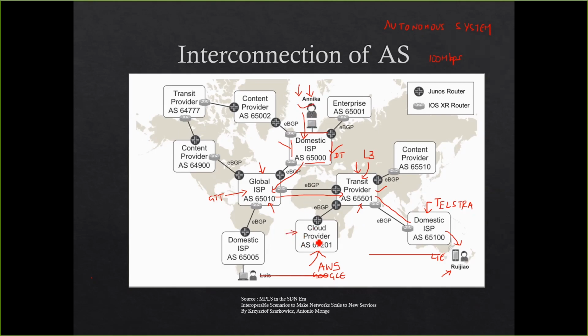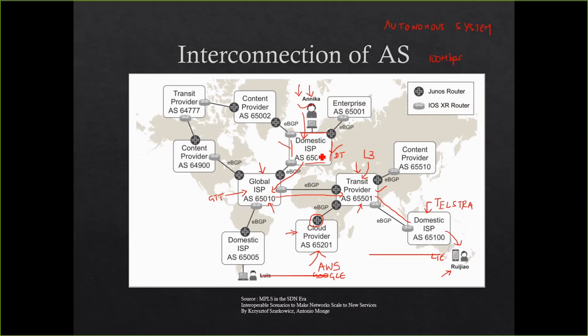And the cloud provider, how is he connected to the internet? He will have his router right here connected to the transit provider. Once you connect to a transit provider, then you can be sure that the transit provider is going to give you access to the rest of the network. So the transit and the global ISPs are the backbone guys who are tying the whole internet together.